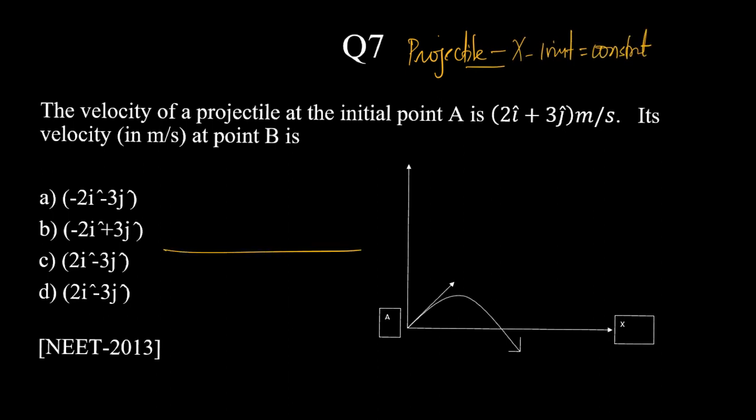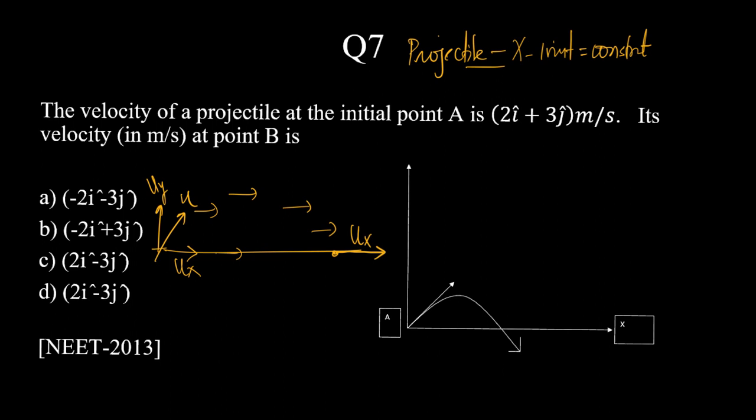So if you assume that this is u and this is ux and uy, ux will remain constant throughout the motion. Even when the object reaches the ground, the horizontal component would be ux. So there is no change in the horizontal component, that is ux. But what varies is uy.